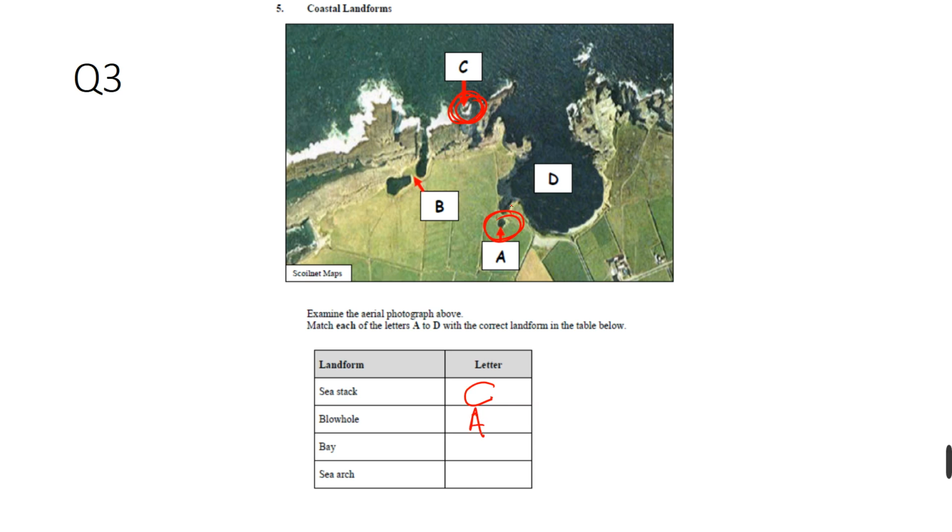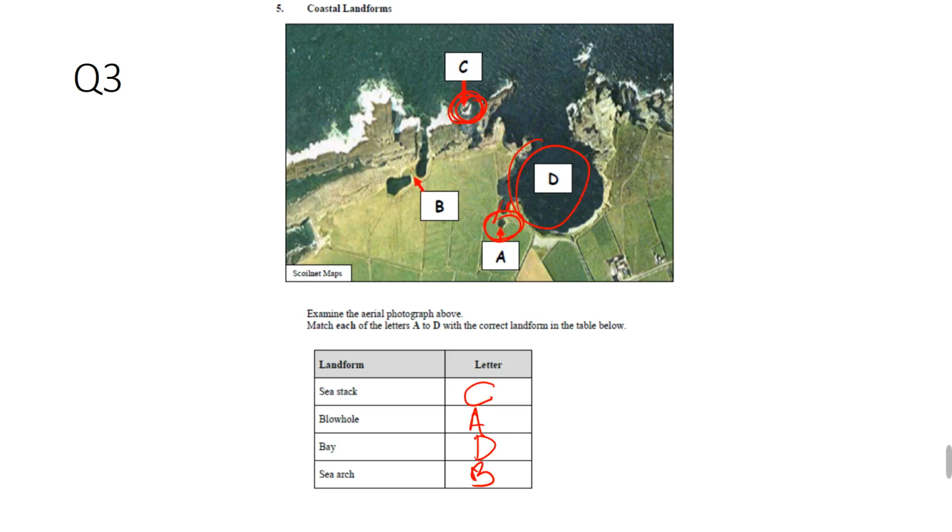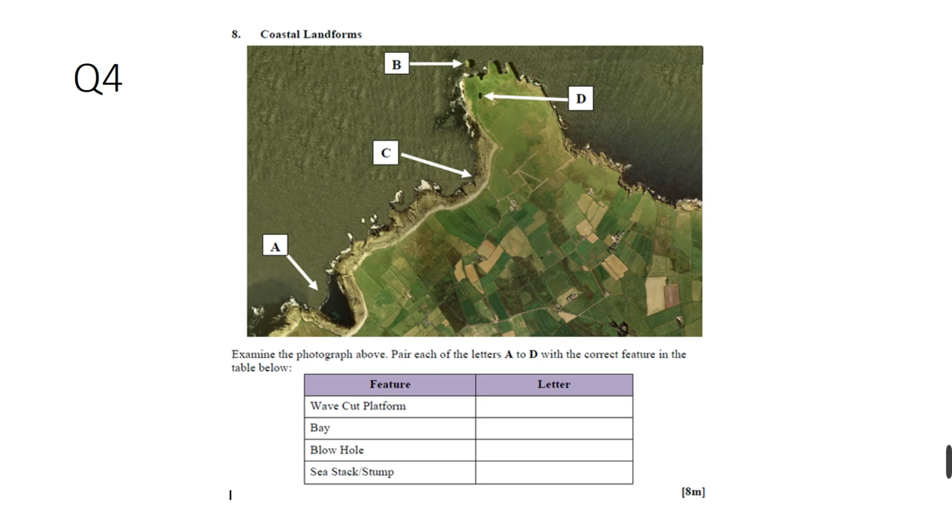This area here is probably a cave, and the roof collapsed, and that cave goes all the way in underneath the blowhole, and that's how the water is getting in and coming out through A. The bay is all of D, and the sea arch is B. If you were looking at that, you could see beneath it, or there's a cave beneath it. So C, A, D and B.